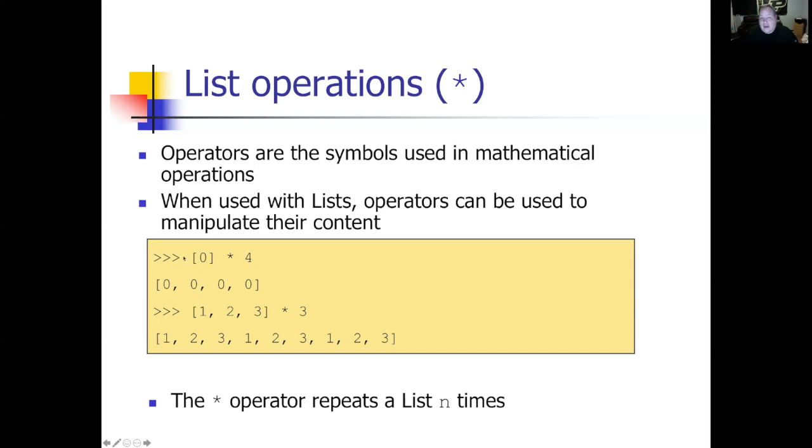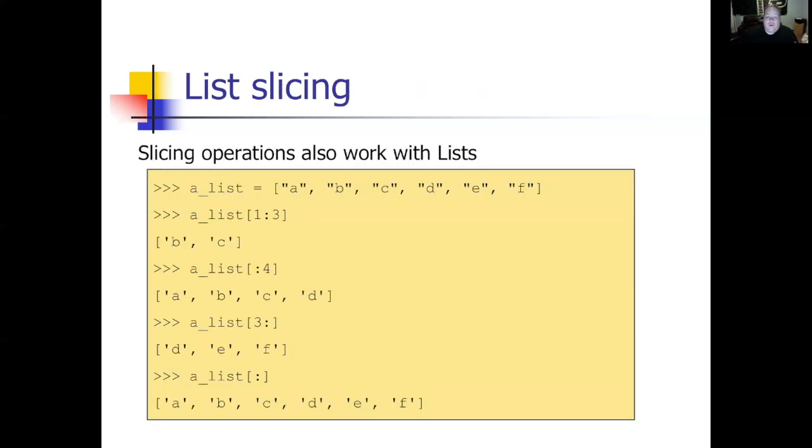So if I said my list equals square brackets 0 times 100, then I'll get a list with that many values. If I do 1, 2, 3 times 3, I'm going to get that same pattern repeated 3 times. So it's a quick way to create a list that you might need for some reason, and the multiplication operator will do that for you.